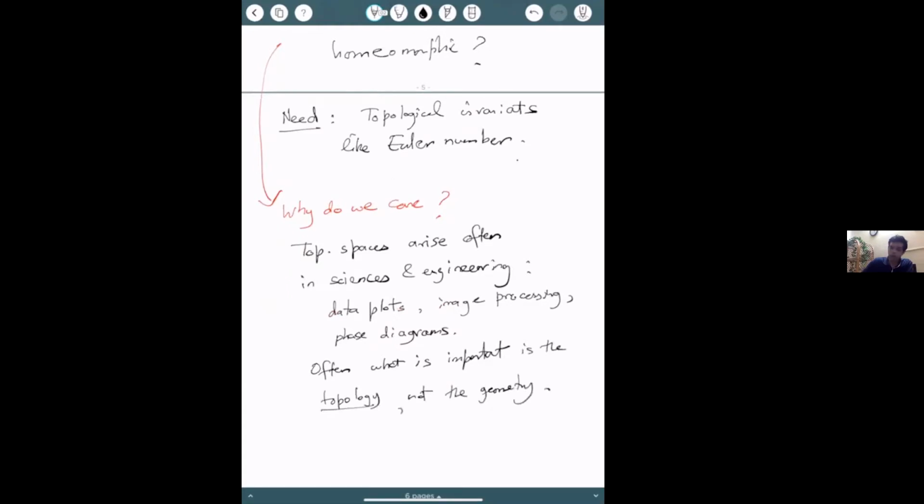Let me tell you historically how these ideas first arose. A lot of the first notions in topology were due to Henri Poincaré, a French mathematician in the 19th century, who in his 20s came up with this because there was a prize problem.